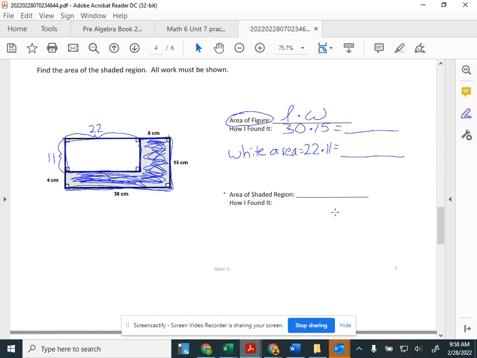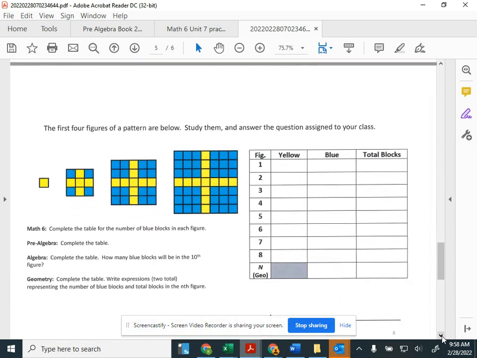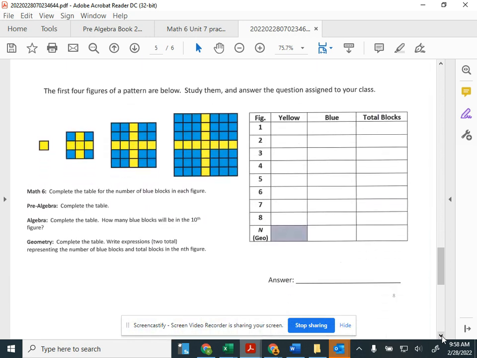Any questions on that one? Yes. When you're finding the totals of each one and you subtract them, it's because you want to find what's left when you take away. Take away means subtract. You take away the white, so you subtract out the white.